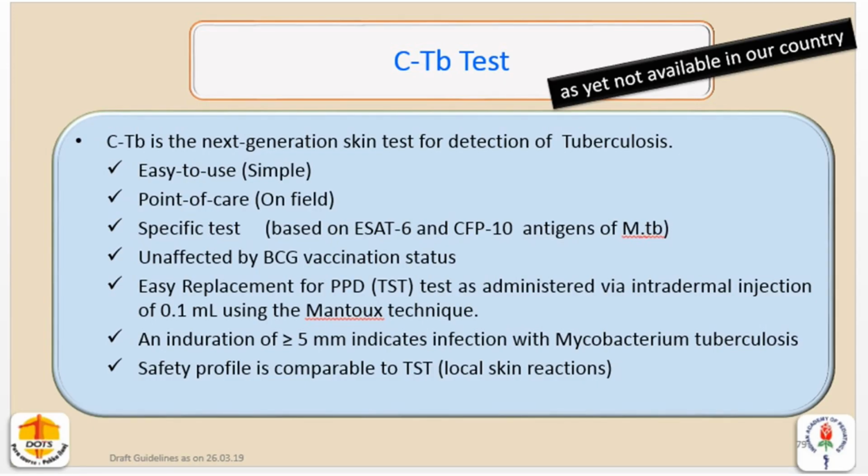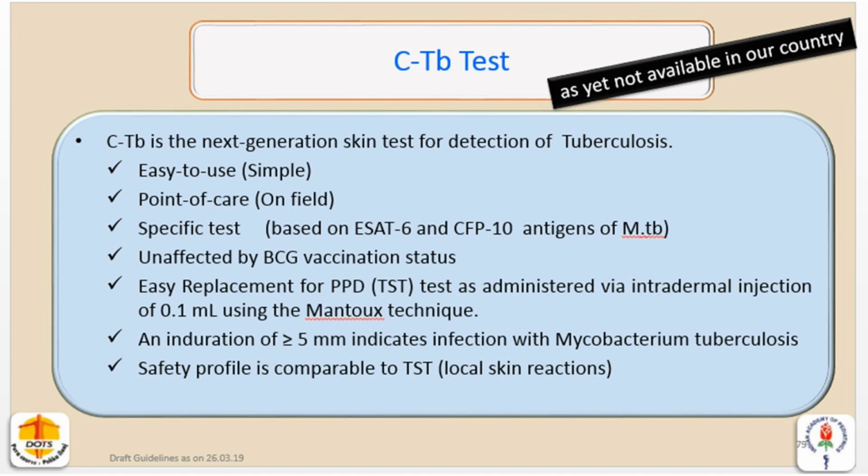The CTB test is a new generation skin test. It's similar to your tuberculin skin test except that the antigen is different. It's an ESAT6 and CFP10 antigen, which is unique for Mycobacterium tuberculosis, so it's not affected by the BCG vaccine. In future, this test is going to replace your Mantoux test, and an induration of 5 millimeters is suggestive of MTB infection.